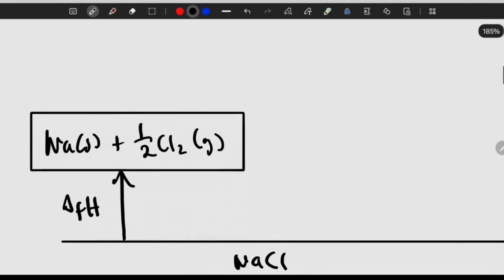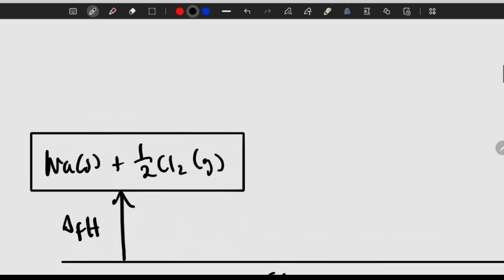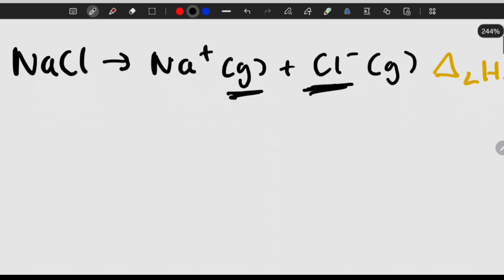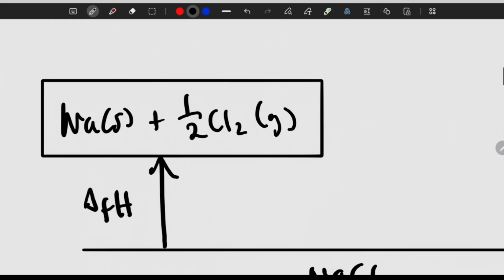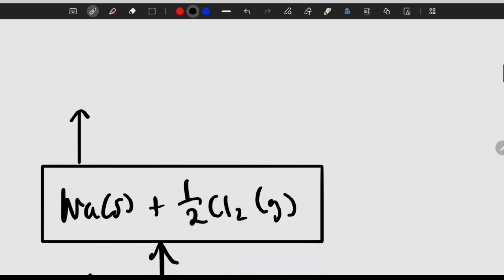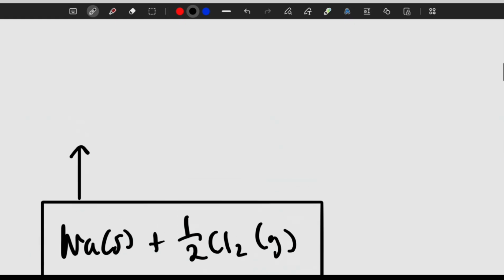Okay, so now we want the sodium solid to be a gas, and we want it to be a monopositive ion. First, let's change the state of making it a gas. So how can we do that? Well, we can use the enthalpy of atomization, because remember the definition of the enthalpy of atomization is the enthalpy change when it forms 1 mole of a gaseous atom from its element in its standard state.